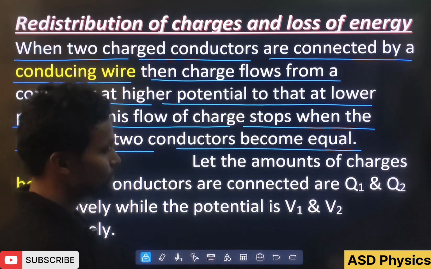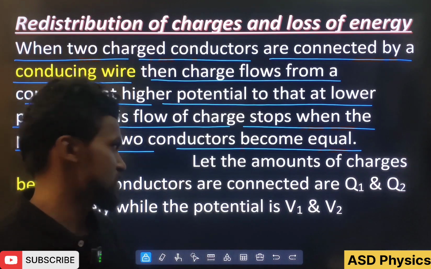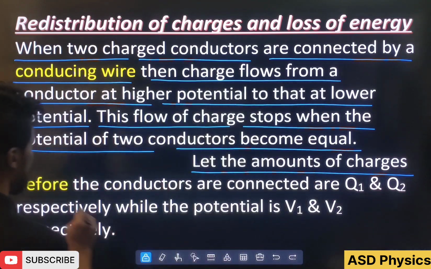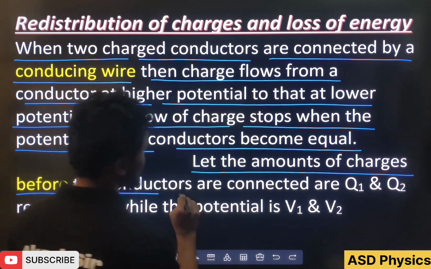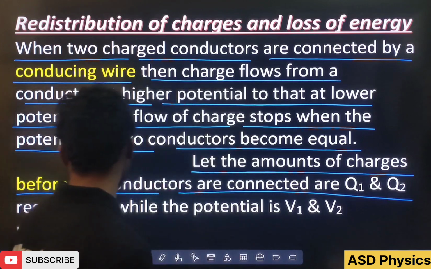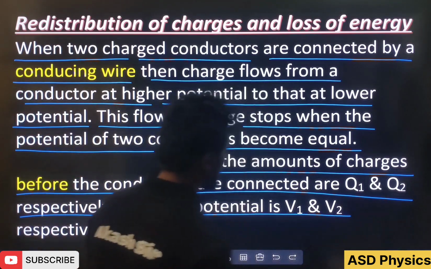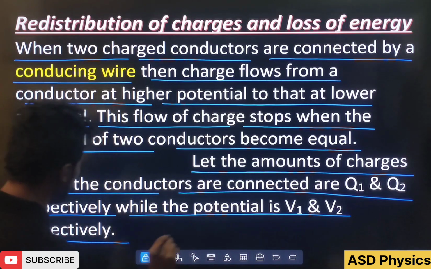Now we are going to analyze the situation. Let the amounts of charge before the conductors are connected be Q1 and Q2 respectively, while the potentials are V1 and V2 respectively.